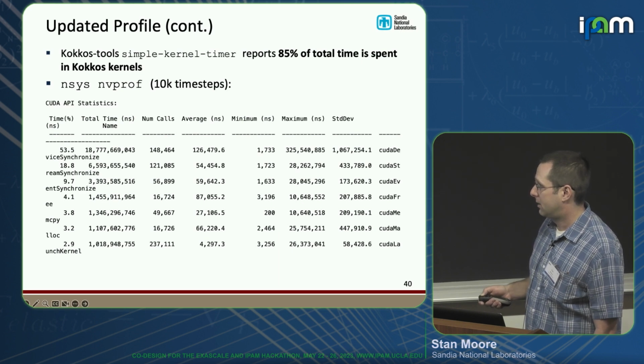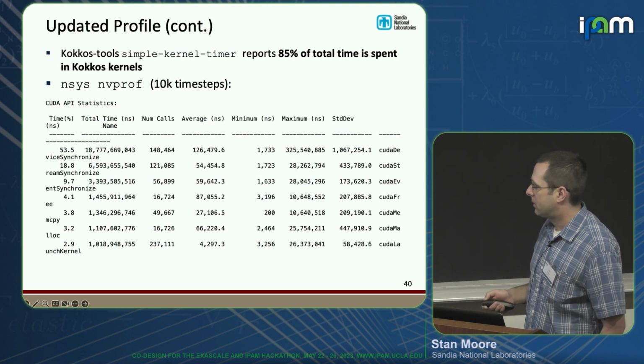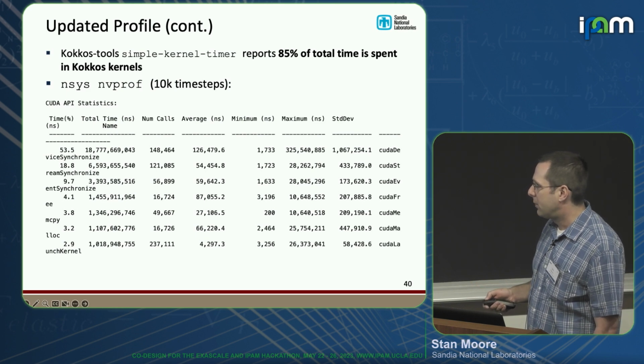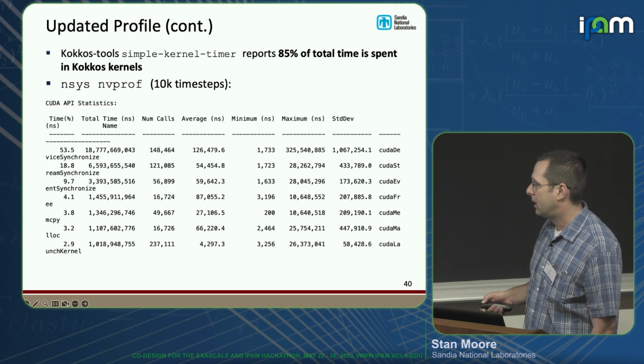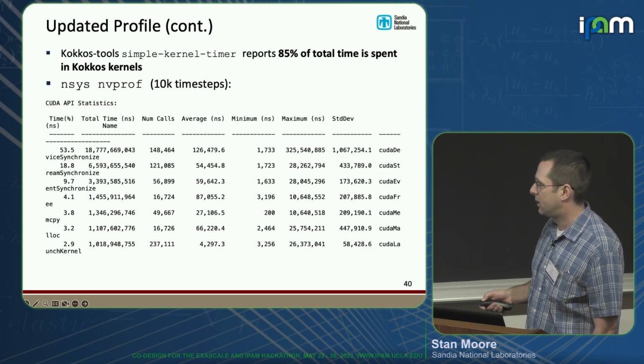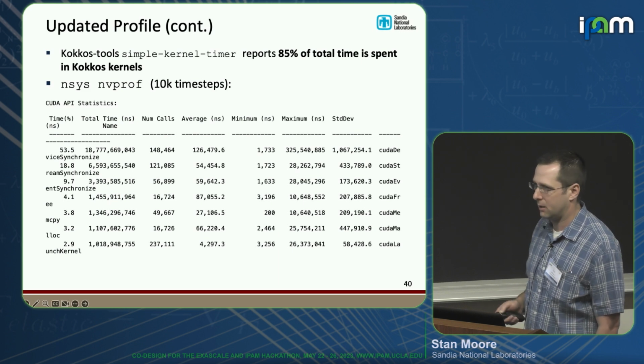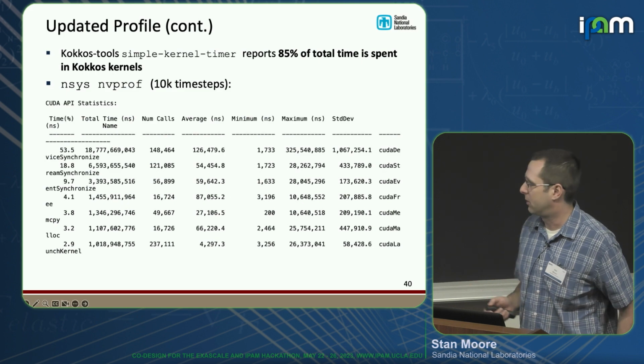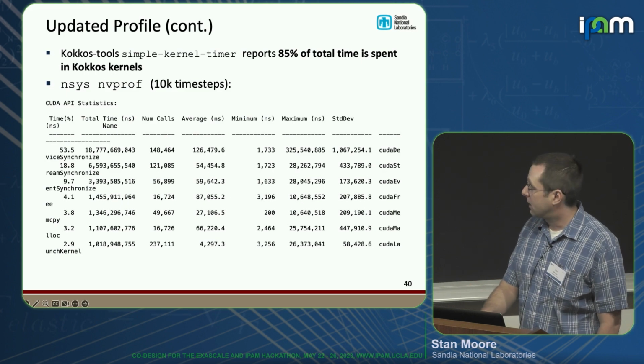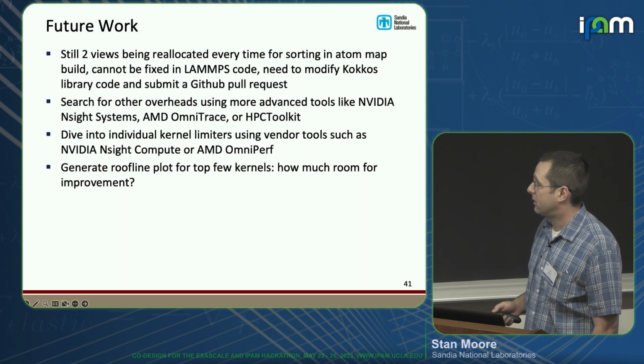We want that to basically just be waiting for the kernels to finish. And we have very low overhead for cudaFree, cudaMemcpy, and cudaMalloc. So this all looks good. If these were high, like cudaMemcpy, that would mean there's a lot of data movement, but we don't see that. So overall, everything looks pretty well optimized.